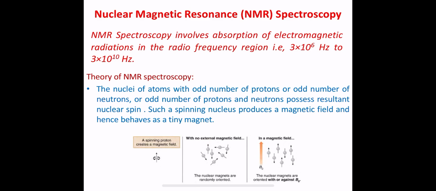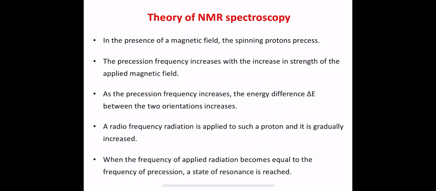In the same way, when there is no external magnetic field, the nuclear magnets are randomly oriented. When an external magnetic field, B naught, is applied, the nuclear magnets are oriented with or against B naught. They can get oriented in two different ways.